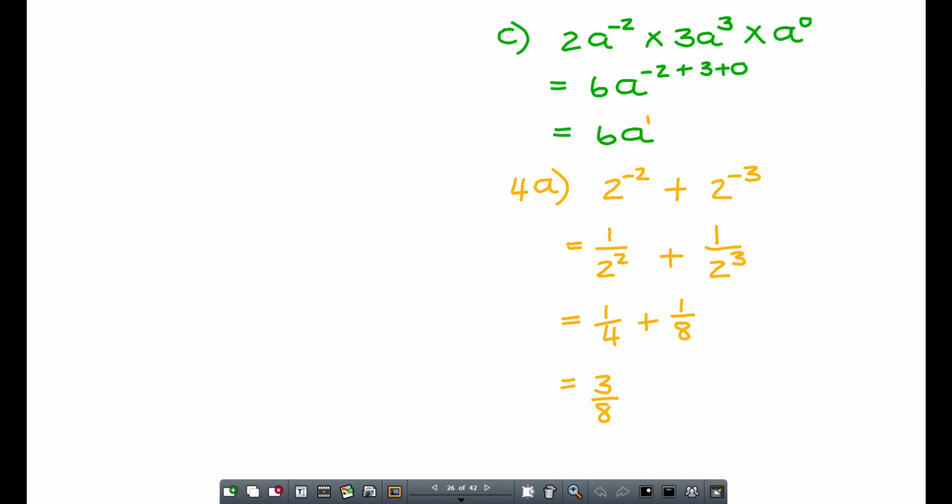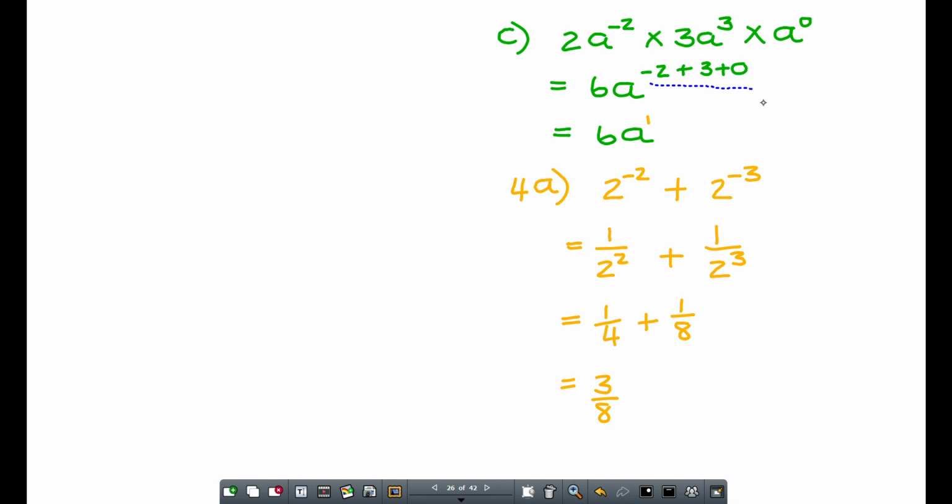Okay, there is C and 4A. At C again we are multiplying. So first look at the coefficients. The 2 times the 3 gave me that 6. And then you will see that my bases further on were A and A and A. Because bases are the same and we are multiplying, the base will stay A. And then I'm going to add all my exponents: -2 plus the 3 plus 0.